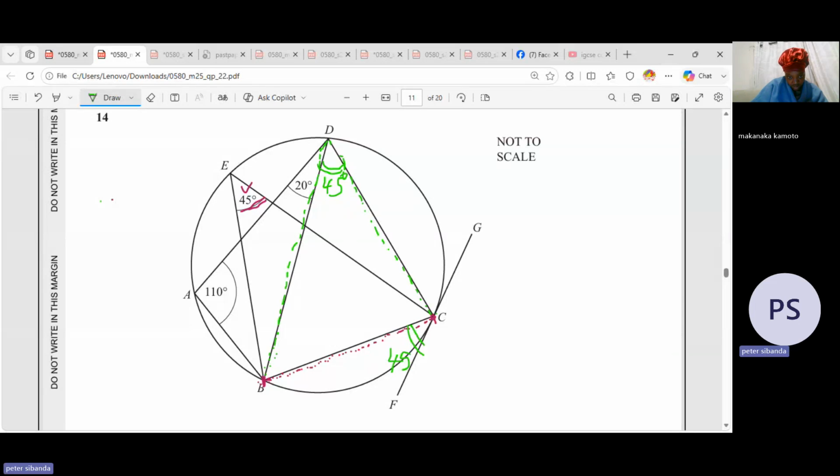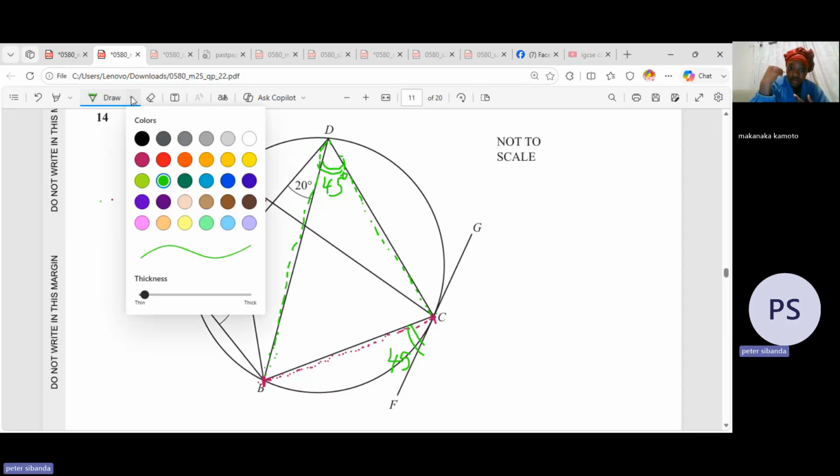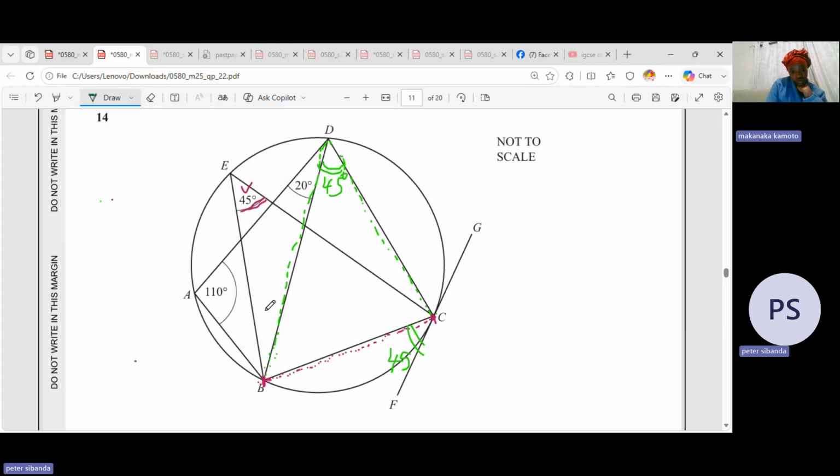We also know that if you add all the interior angles of a triangle, they must add up to what? 180. Correct. So if you isolate triangle ABD, let me show you: from A go to B, then go to D. So you see the triangle we're talking about.